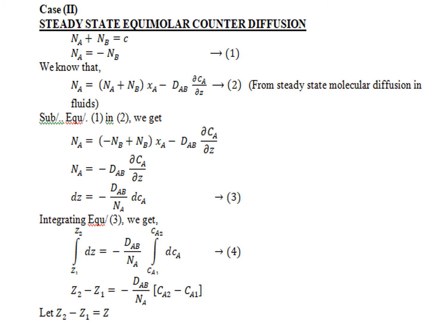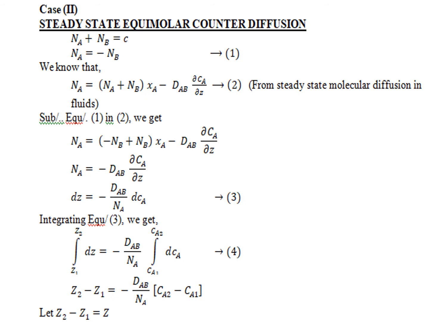Are you clear now? So equimolar counter diffusion, example: distillation column. Unequimolar counter diffusion, example: chemical reaction. So I will discuss one example here, the equimolar counter diffusion, the distillation column.